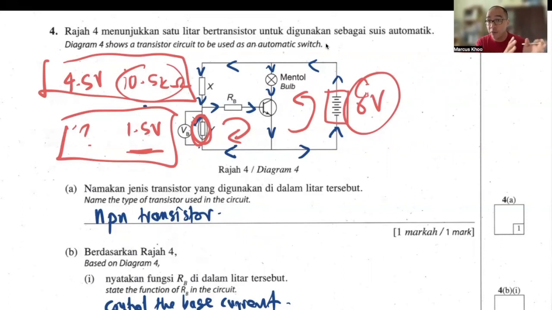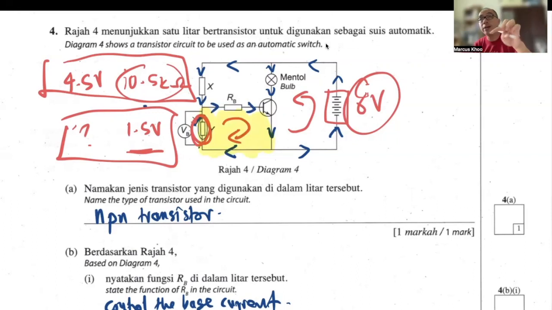You need to have a bigger voltage at the bottom, which is over here. The base voltage must be big so that your base current can flow. And how do you get a bigger base voltage? You need to have a bigger resistor. Bigger resistor means you will have a bigger base voltage. You have a bigger base voltage, you have current flow. You have current flow, you have transistor switch on.